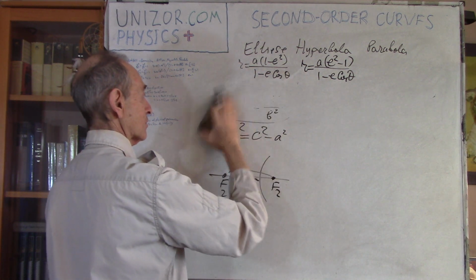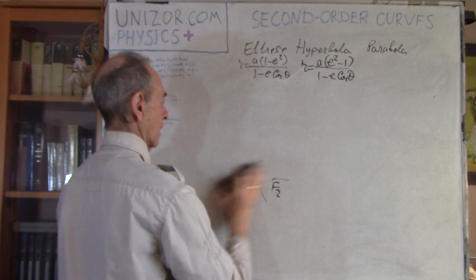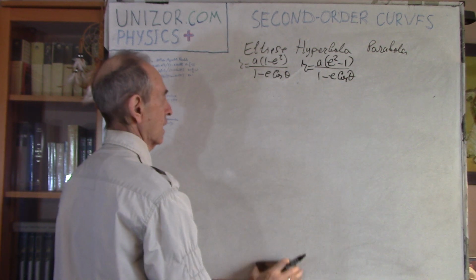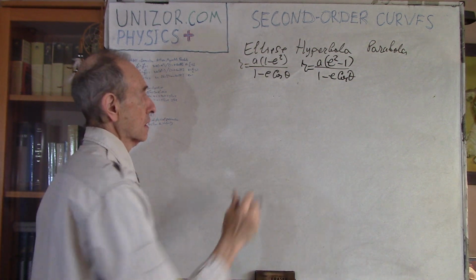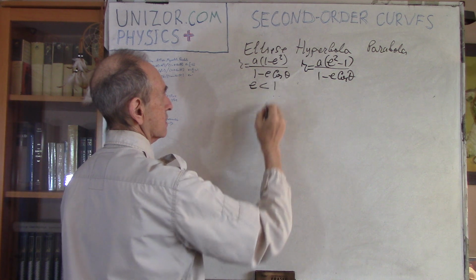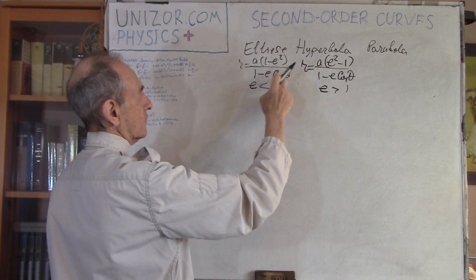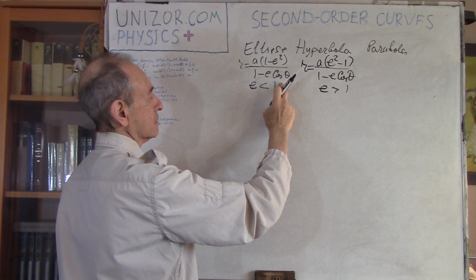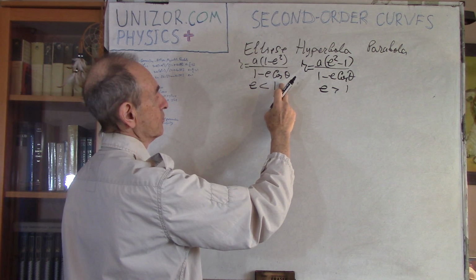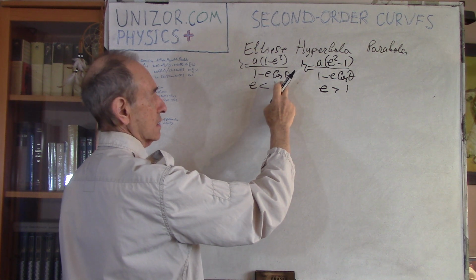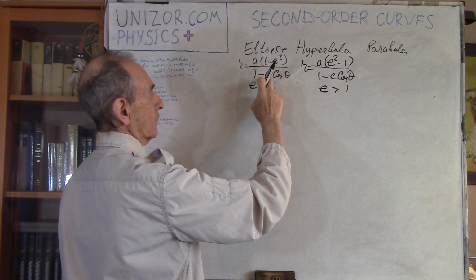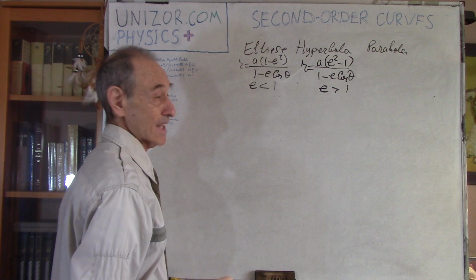Now, another interesting point is that in the case of the ellipse, when e is less than 1, the denominator is always positive, right? Cosine is not greater than 1, and e is less than 1.